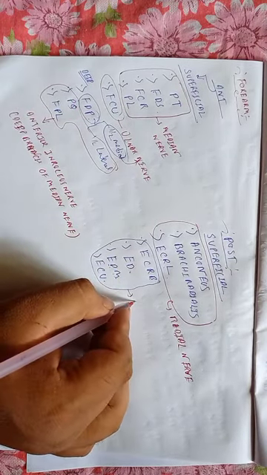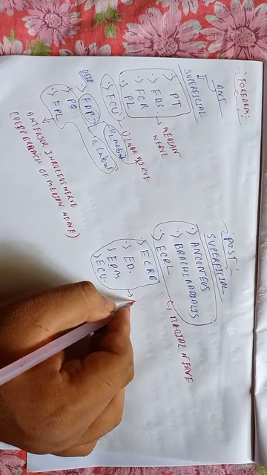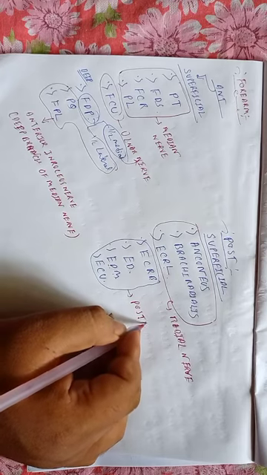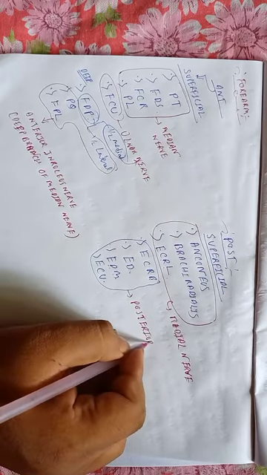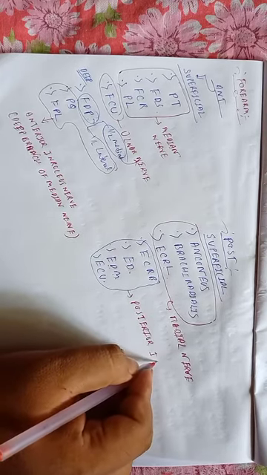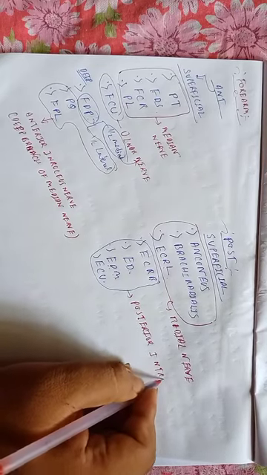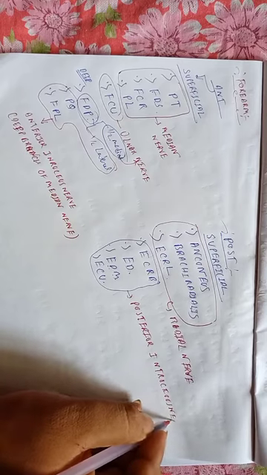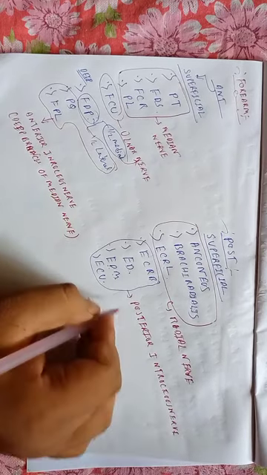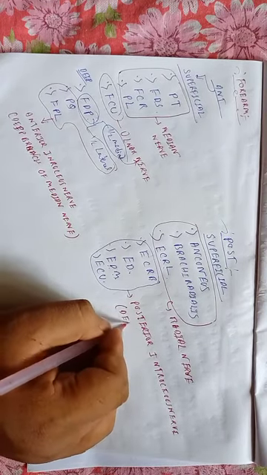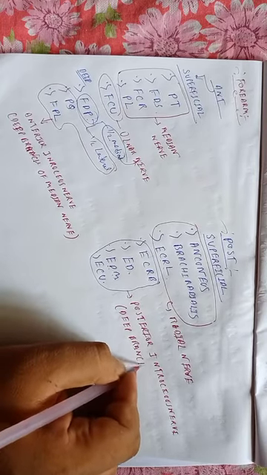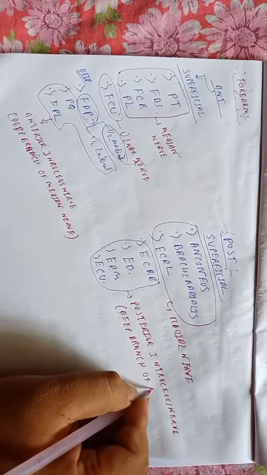By the posterior interosseous nerve, the deep branch of radial nerve. Posterior interosseous nerve, or we can say deep branch of radial nerve.